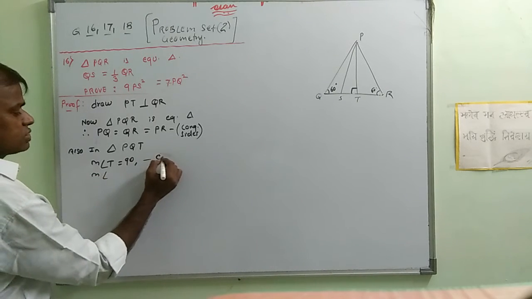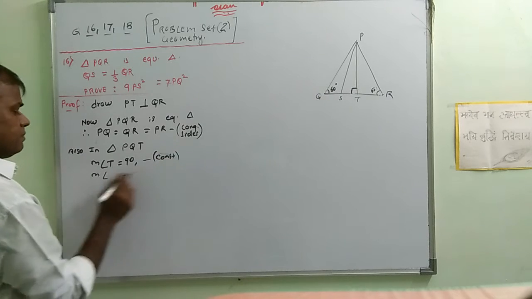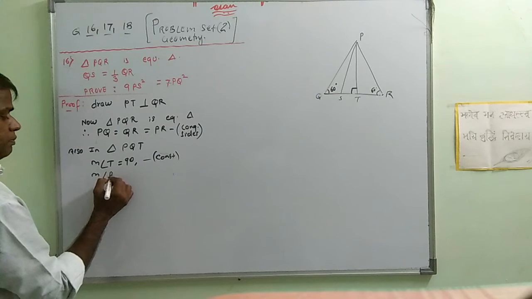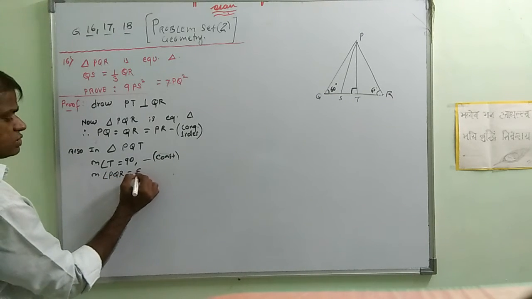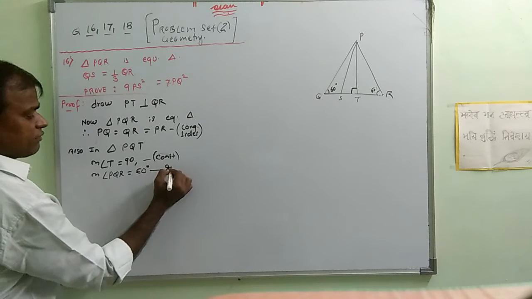Angle PQR equals 60 degrees. They are given.